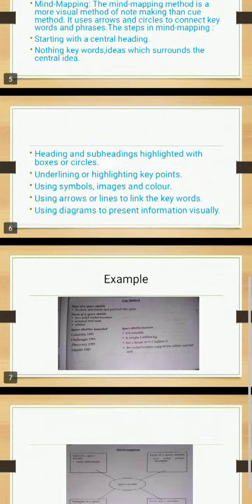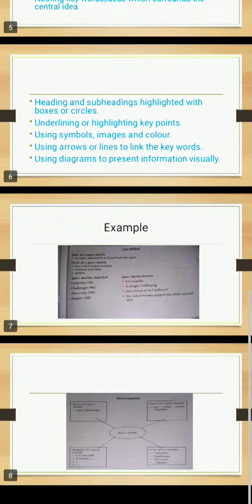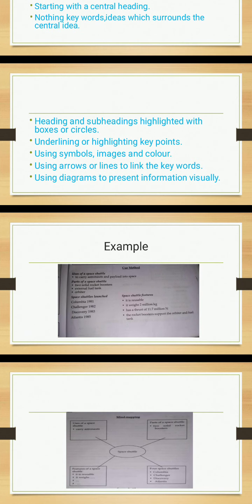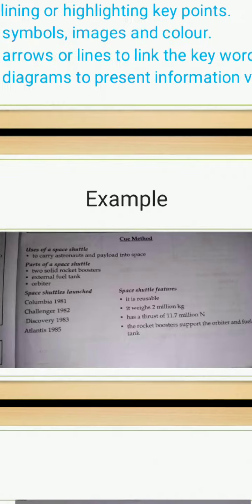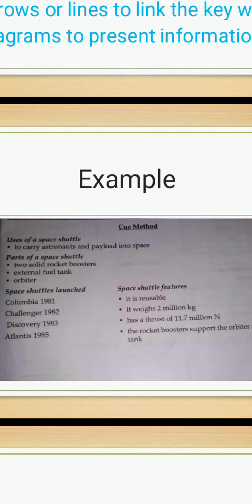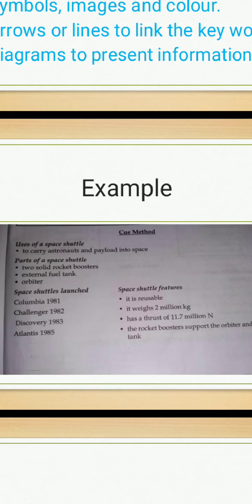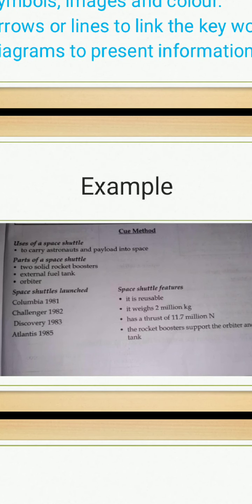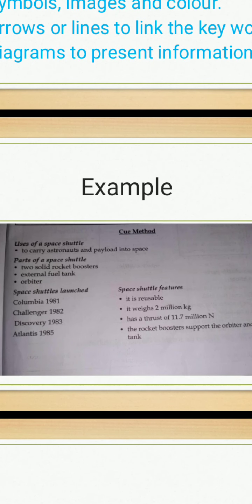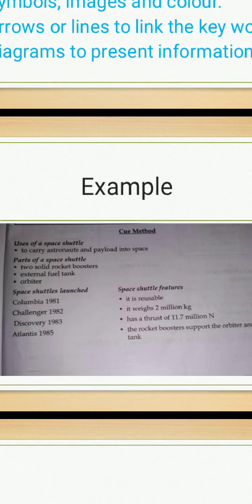Then have a glance over slide number 7. In this some examples are given related to different methods. First, examples of the Q method. Have a glance at the use of a space shuttle.